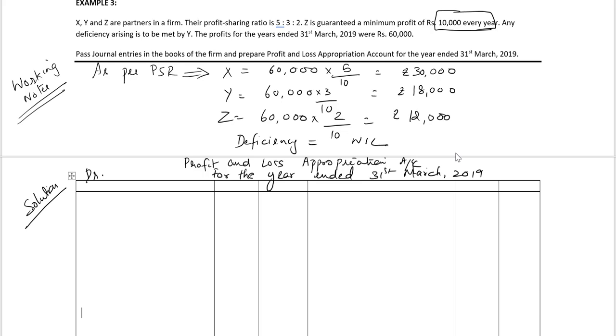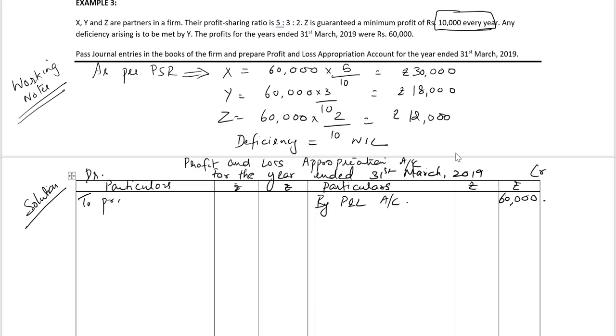Left side debit, right side credit. Particulars, rupees. Again on the credit side, particulars inner column and outer column. We'll bring down the profits by profit and loss account, rupees 60,000.